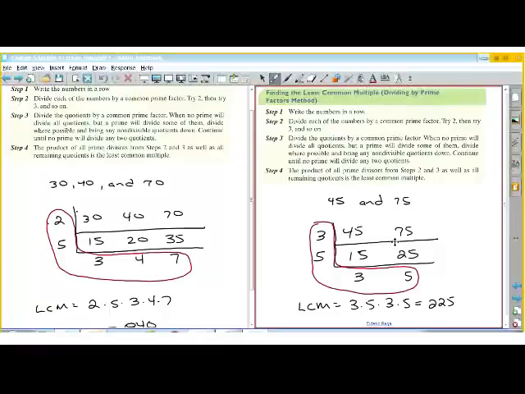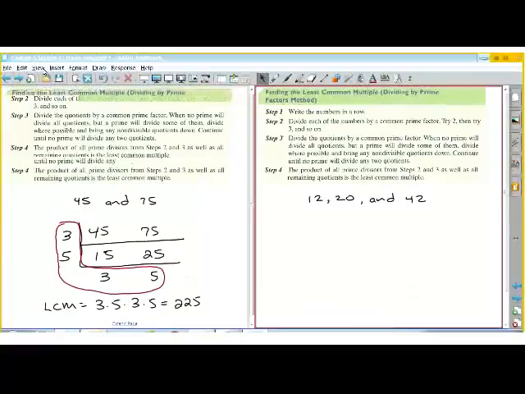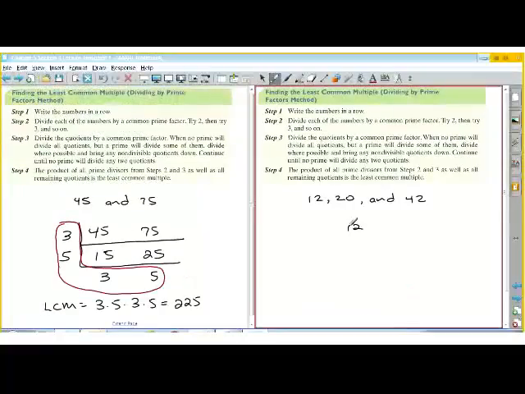If you take 225 divided by 45, you'll get 5. And if you take 225 divided by 75, you'll get 3. Okay, so these are the easy ones. The next one I think is a little harder. So you write these 3 numbers out. And they're all even, so I'm going to divide every one by 2.